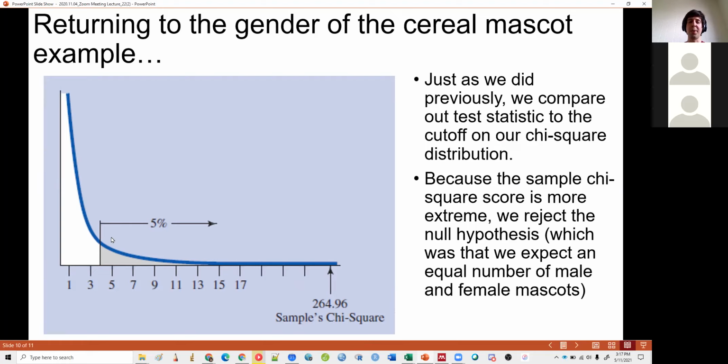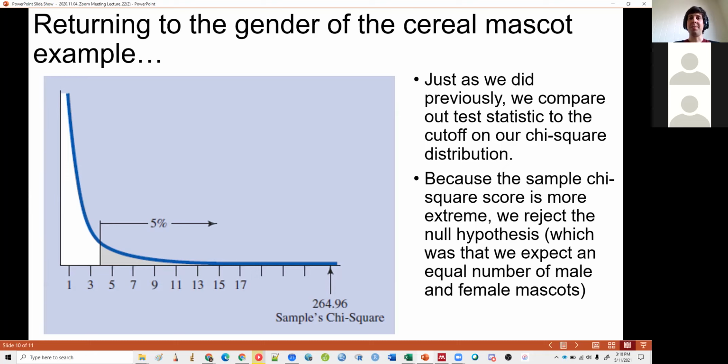But here, just like we pointed out last time, the sample chi-square score is 264, and the cutoff was 3.84. In a certain sense, it's kind of overkill. Look how far away from the cutoff value our sample was.